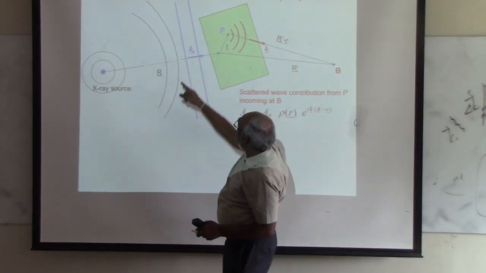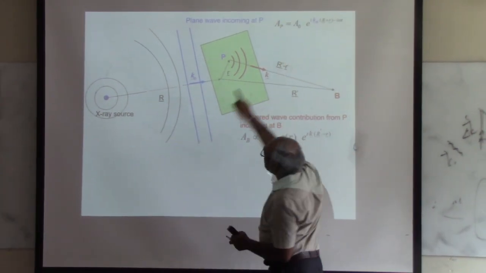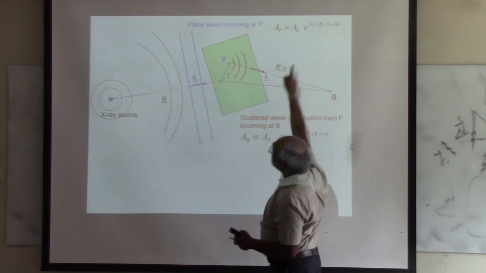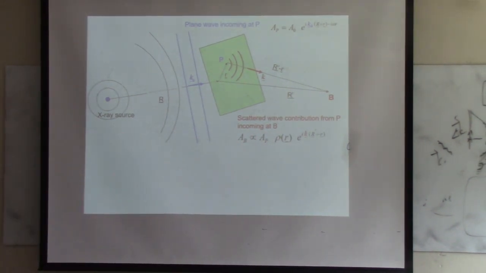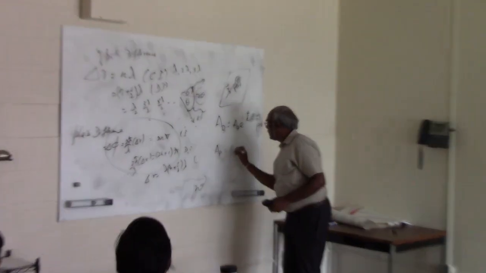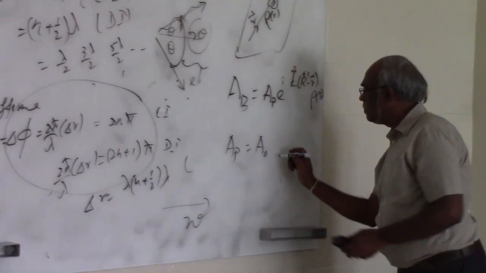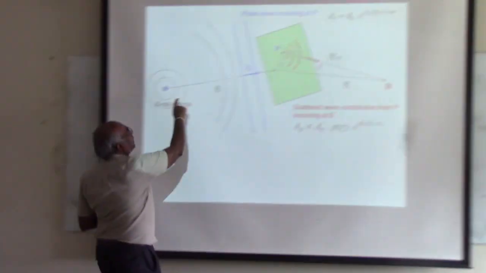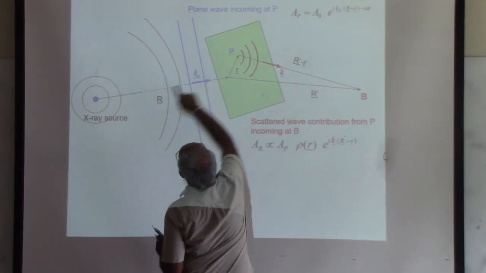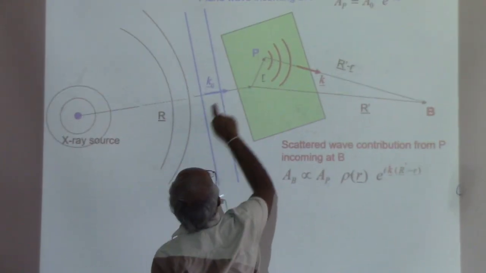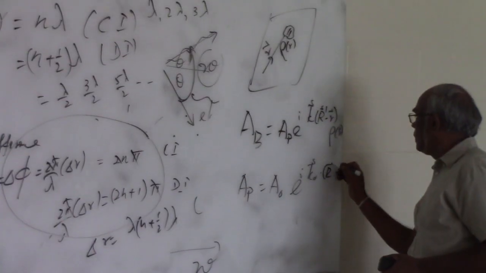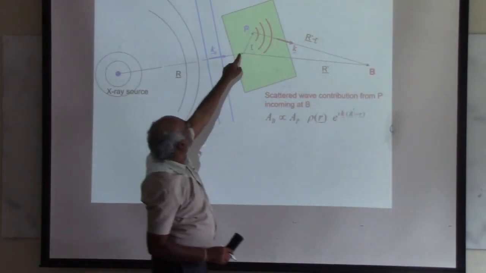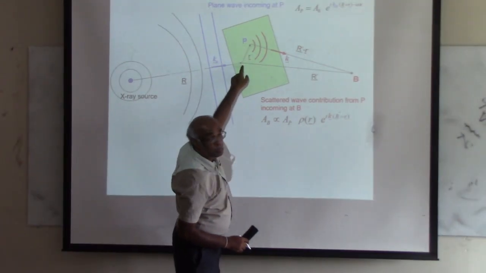I can write AP as some initial intensity A0 times e^(i K0 dot (R plus R)), because we are measuring everything from this origin here.